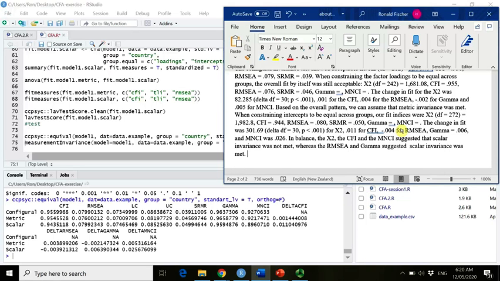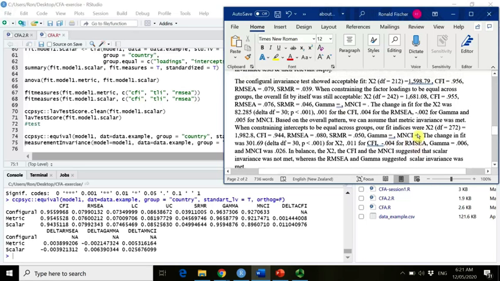What we can conclude for sure is we have metric invariance, so the factor loadings are the same across the 4 different groups, but we cannot be 100% certain about full score or scalar invariance yet. I hope that makes sense.